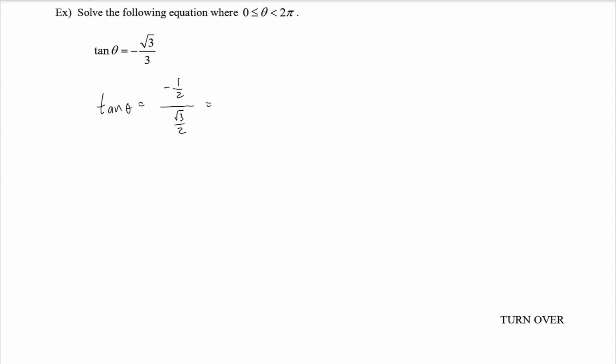Right, because that's the same thing as -1 over √3, which is -√3 over 3 after you get rid of the radical. So basically, I want the y-coordinate to be 1/2 and the x-coordinate to be √3 over 2. And we have points that do that on our circle. So let's go find them.